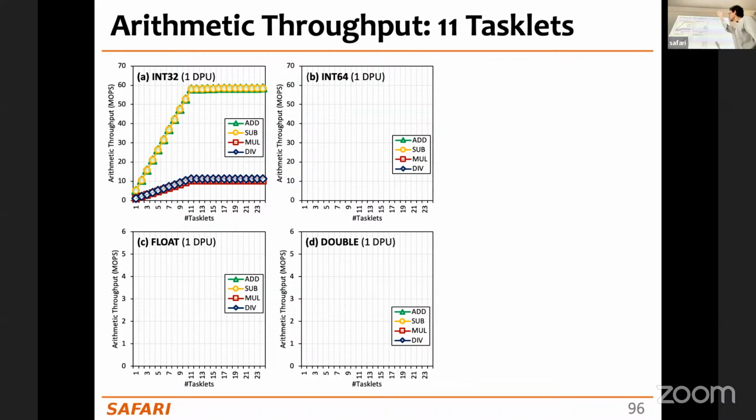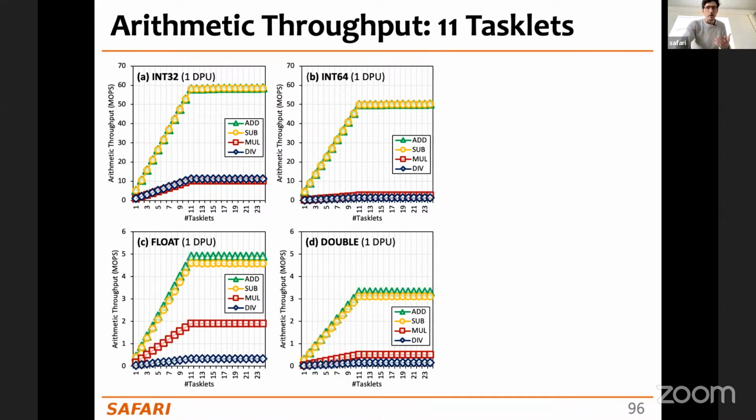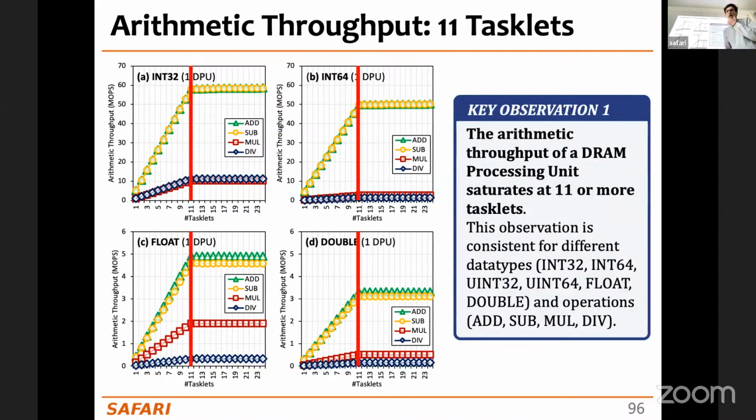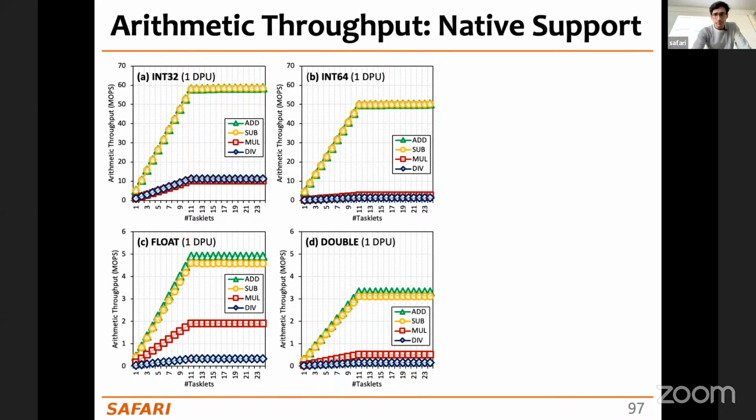Here on the screen, you see integer 32, 64, floating point, and double precision floating point operands, and then you have results for addition, subtraction, multiplication, and division. We see that in all cases, the saturation point happens at 11 or more tasklets. So that's the minimum number of threads that we need to use in the pipeline of the DPU in order to get the maximum arithmetic throughput that these DPUs can provide.